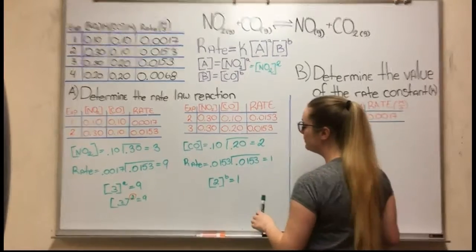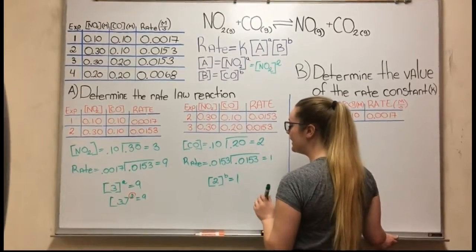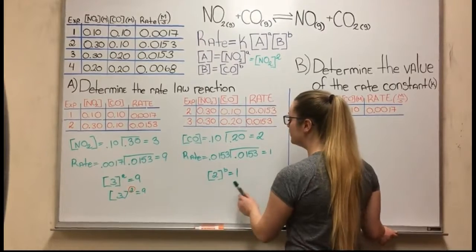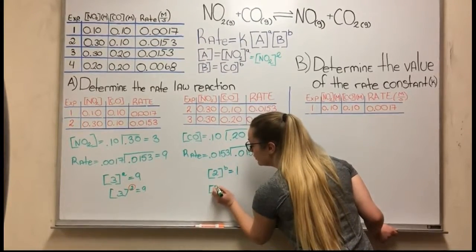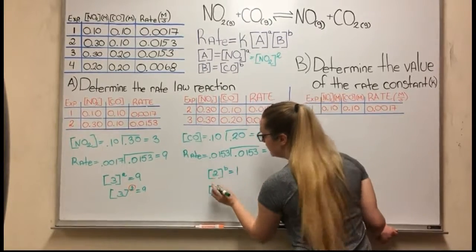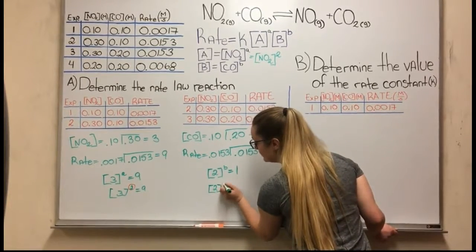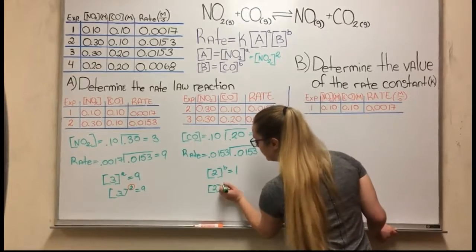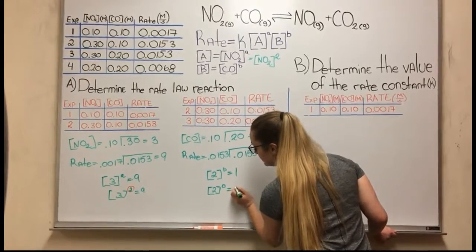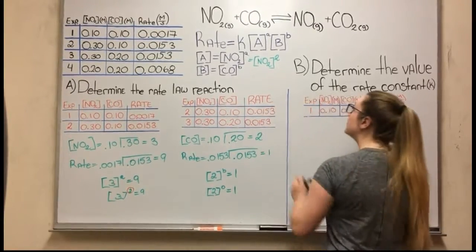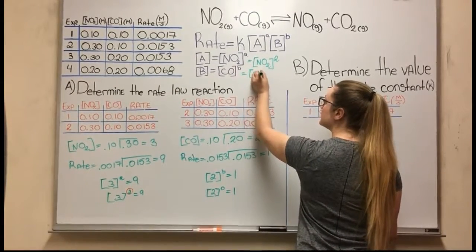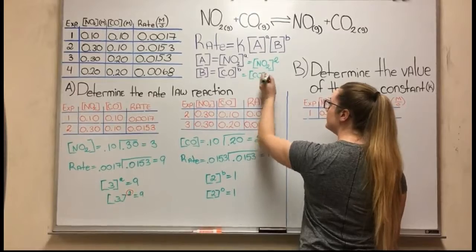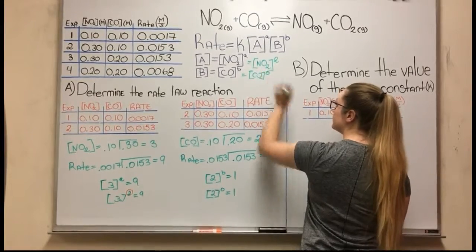This might look scary, but remember that anything to the exponent of 0 gives you 1. So your rate order for CO is just 0.